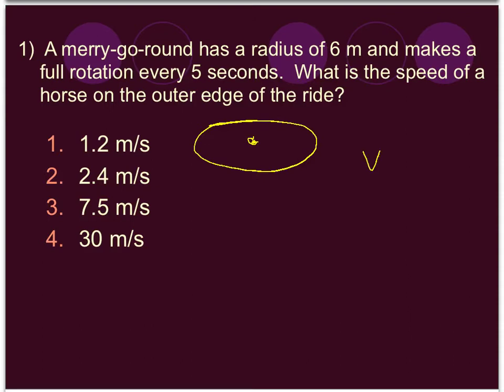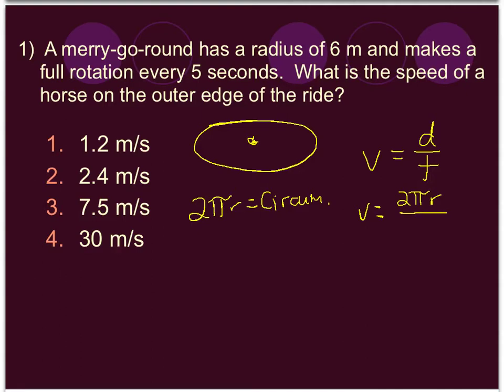So we can use our velocity equation, v equals d over t, but remember that the circumference of the circle is going to be equal to 2 pi r, which we can then plug into our equation for the distance. So v equals 2 pi r over t.